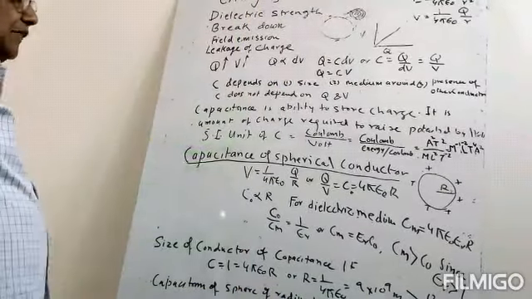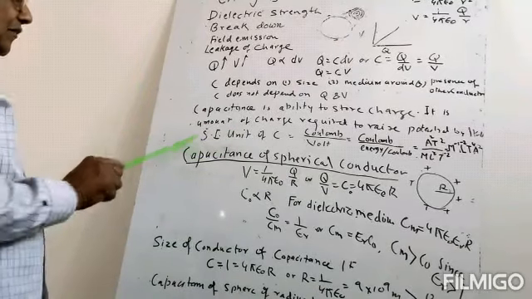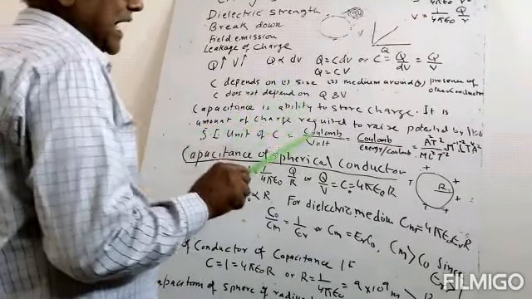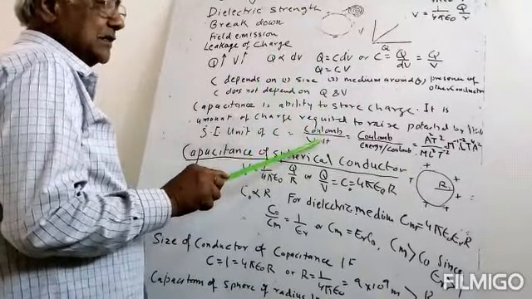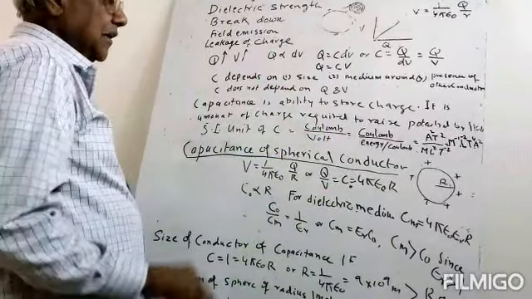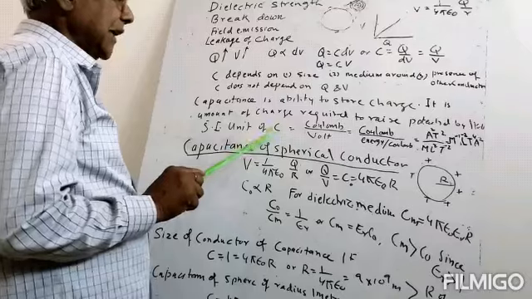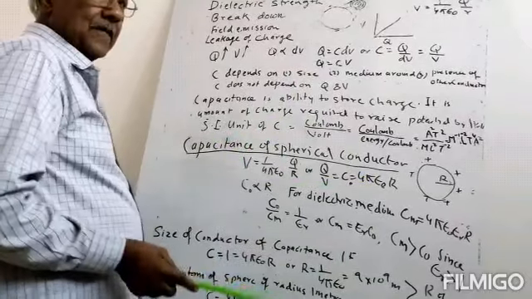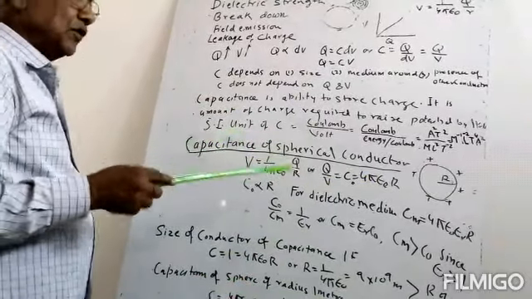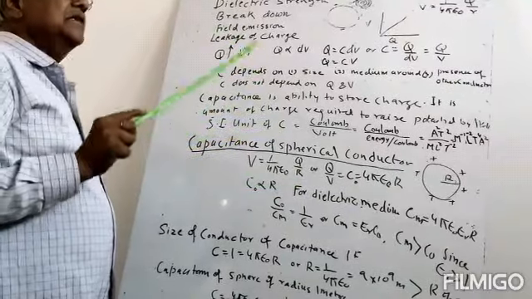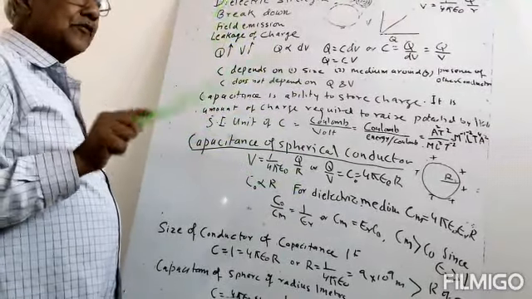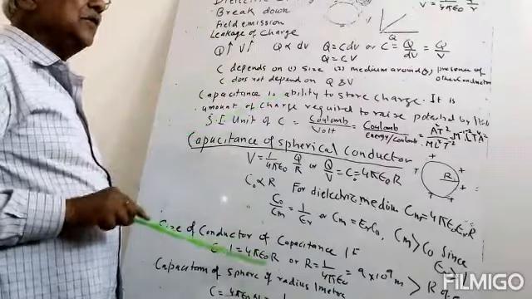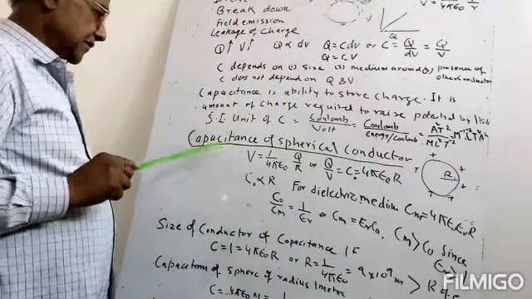So in this way we can define 1 farad. Actually the farad is a very large unit of the capacitance. Then the sub-units are microfarad, meaning 10 raised to minus 6 farad, and picofarad, pF, meaning 10 raised to minus 12 farad. Those are the sub-units of farad.